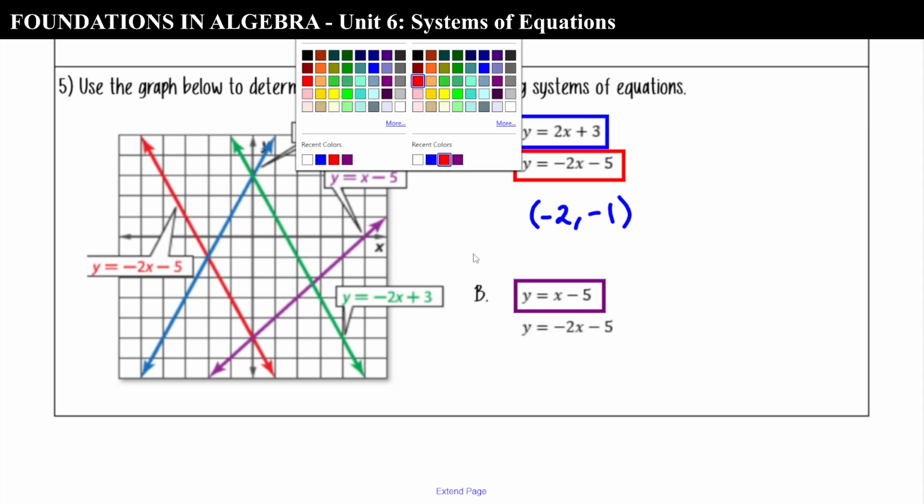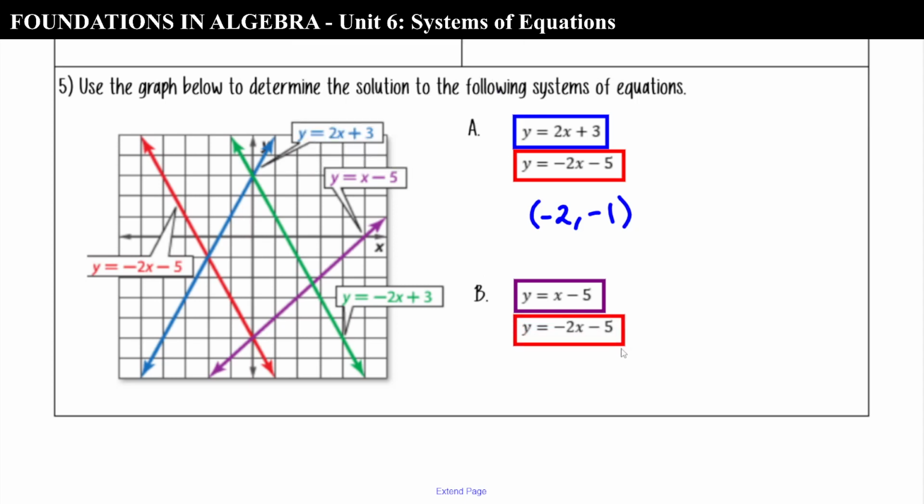So let's put that one in red. And let's see where they cross. So red and purple. X value of 0, Y value of negative 5. So 0, negative 5 is our solution to that one. A lot of lines going on here, but you just need to pick out the two that you need to look at.